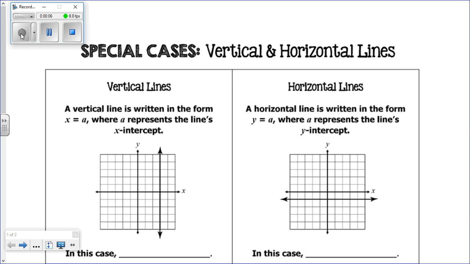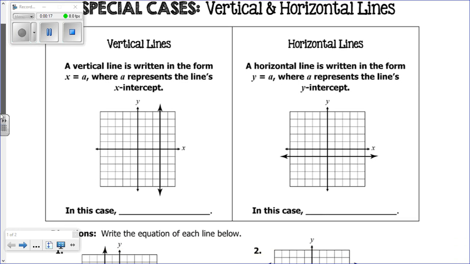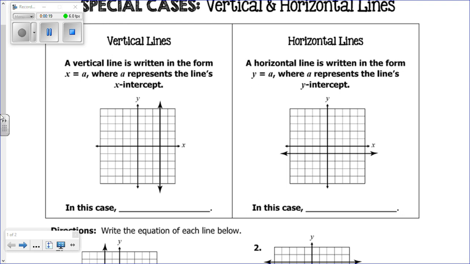Right, so we're going to learn about how to write equations of lines in special cases. These are vertical and horizontal lines. A vertical line, remember, is crossing over the x-axis. We write that in the form x equals a, where a represents the line's x-intercept. Remember again, the x-intercept is where the line crosses the x-axis.